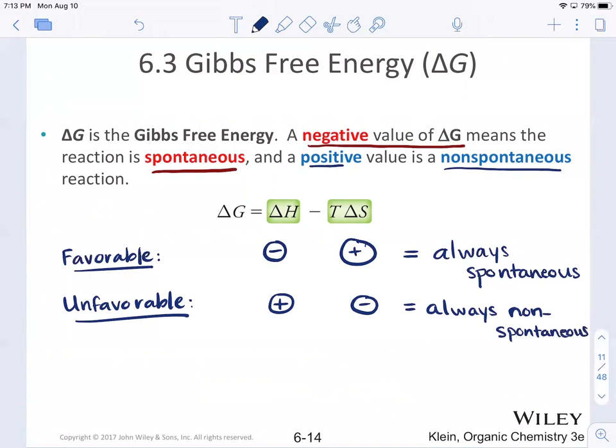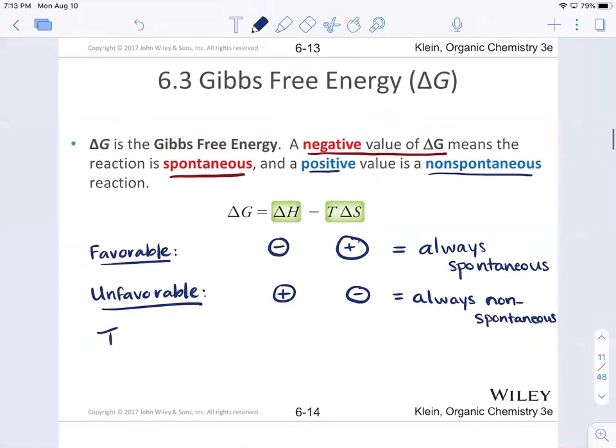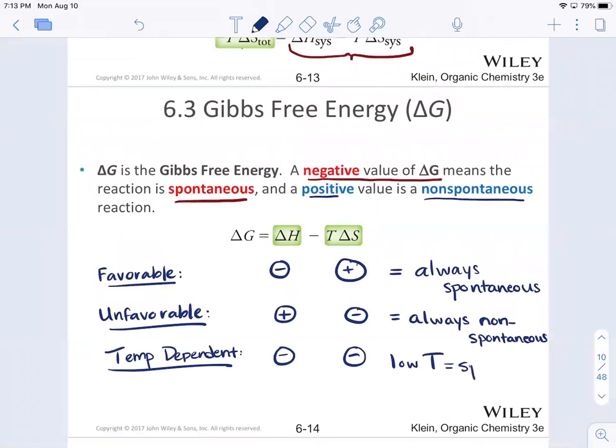We'll talk about the other ones in class if we have a temperature dependent reaction. But I'll just branch it out right here. If enthalpy is favorable, but entropy is not, we want the smallest temperature possible. Why we want the smallest temperature for spontaneity is because that unfavorable entropy is tied to temperature, right?